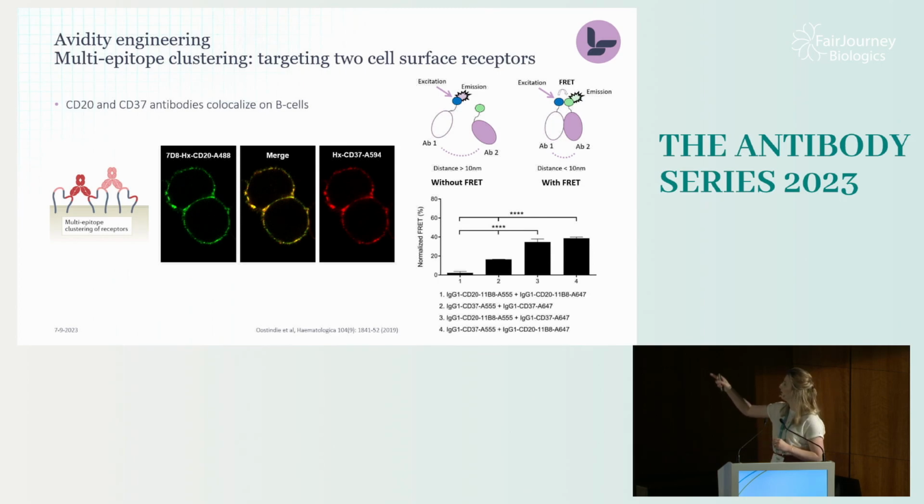And in the figure on the bottom right, you can see number 1 and number 2 are actually the CD20 and CD37 antibodies alone in the FRET assays. And we can see a higher signal once we combine them, higher FRET with number 3 and number 4, which is the combination in different settings. And these are just the wild-type antibodies, but we could see similar things with the hexamerization-enhanced variants of those.